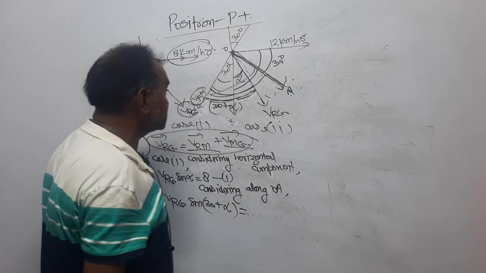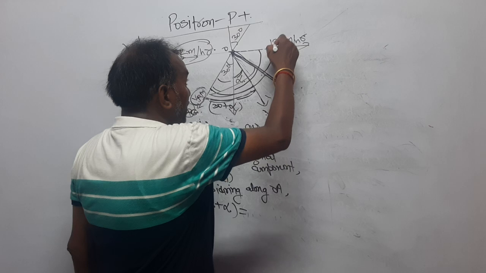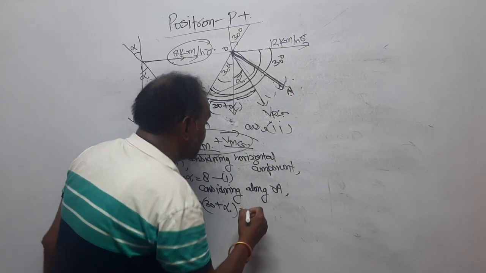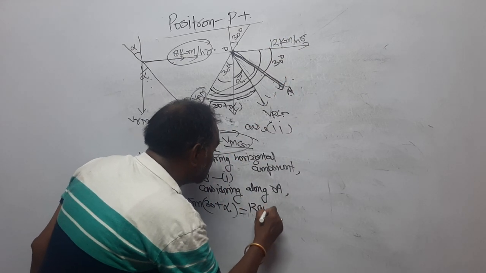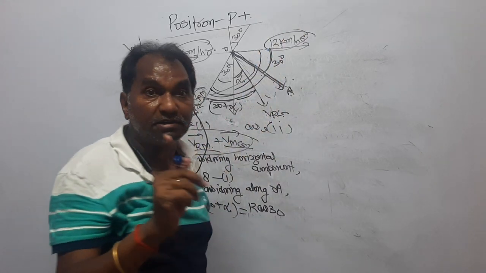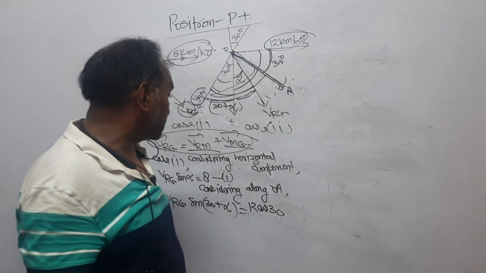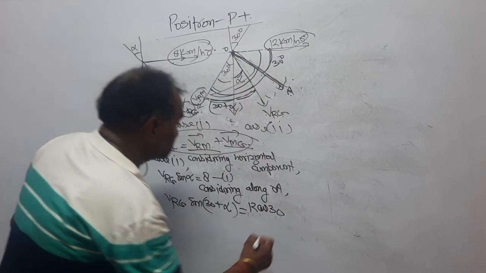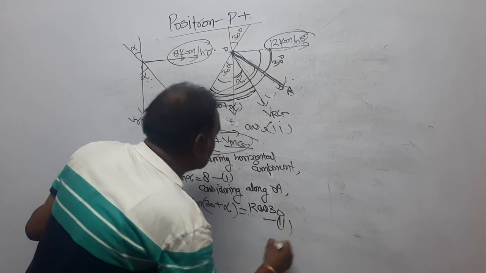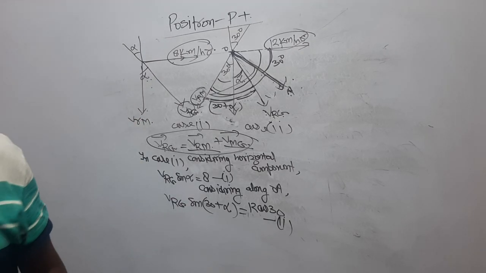So this term vanishes. Now, VMG that is 12 km per hour and its component along this is 12 cos 30, the component of 12 km per hour adjacent to the angle. So it is 12 cos 30. Now, dear student, this is the equation. Divide these two.